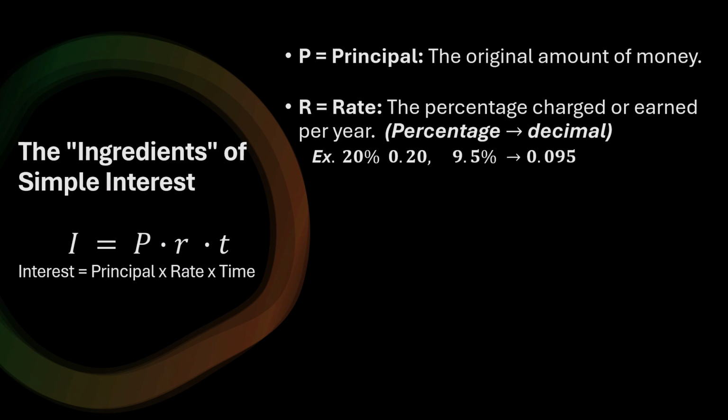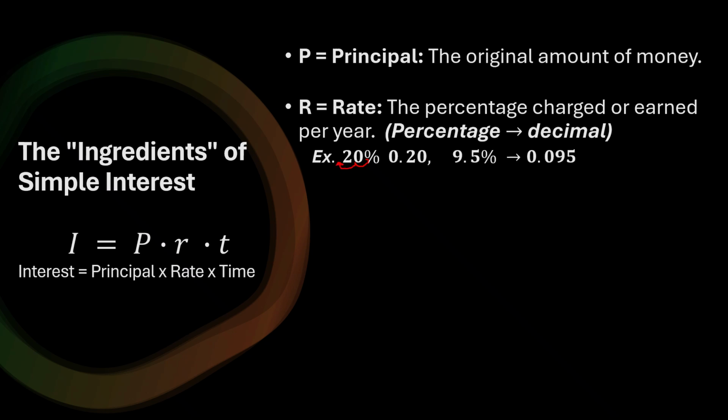This is expressed in percentage charged or earned per year. However, in the calculations, the percentage will be converted into decimal. For example, this 20% is converted to 0.20. Originally, the decimal is in this area, so you have to move it twice to the left, 1, 2.